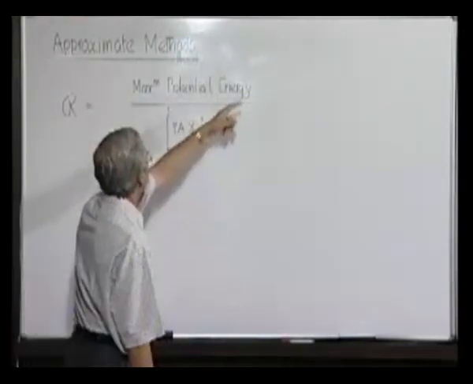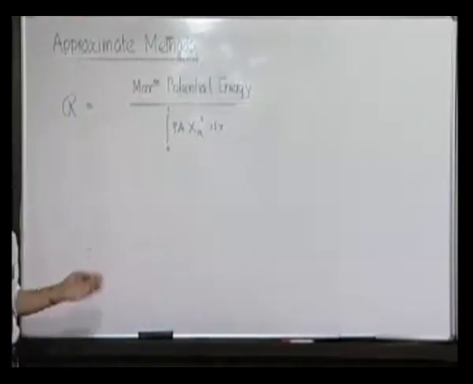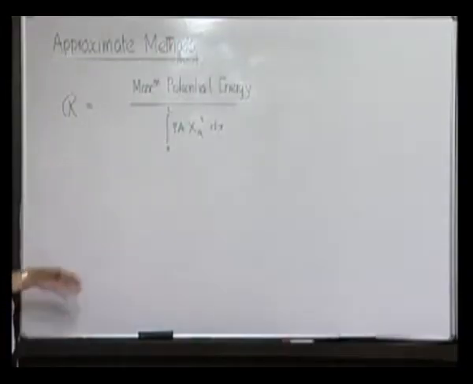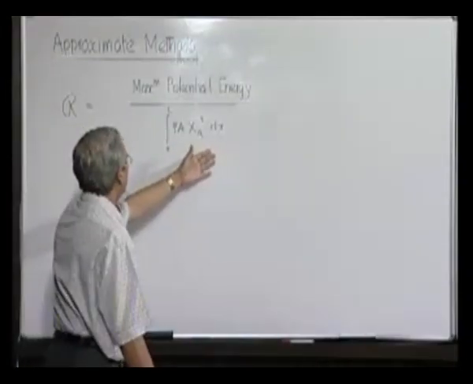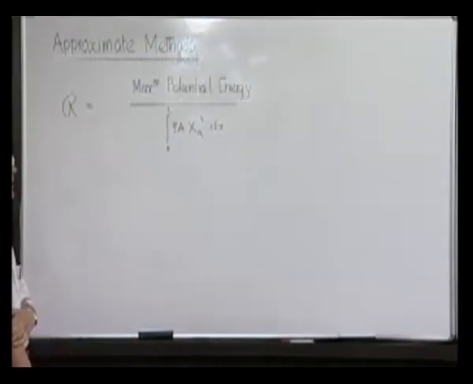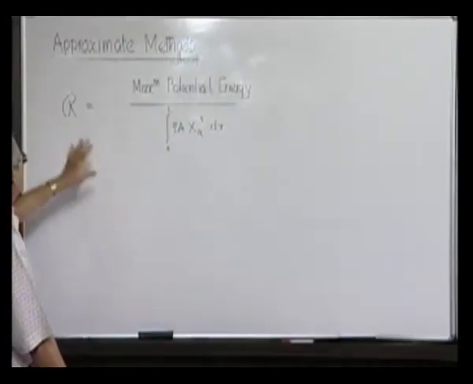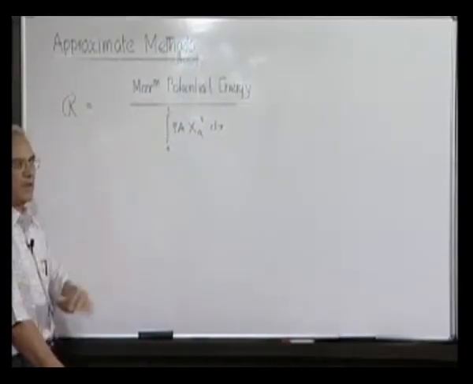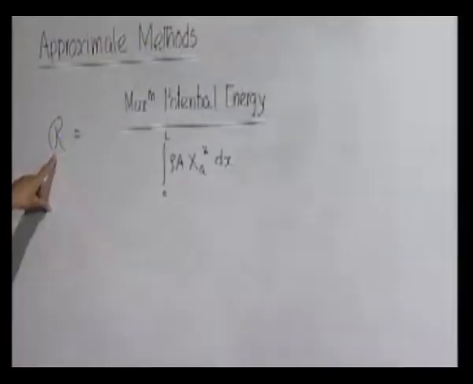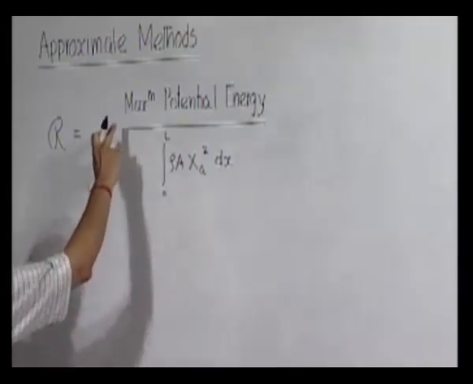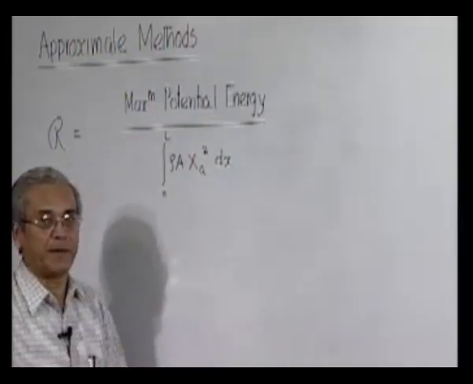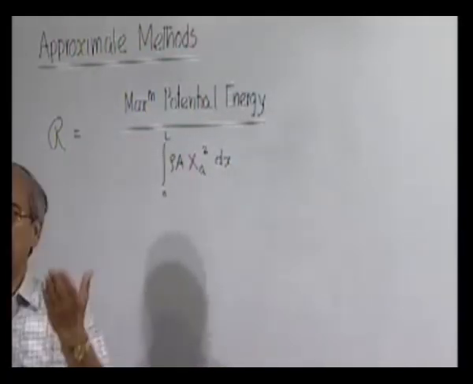So this is the maximum potential energy during normal mode oscillation, and this is the maximum kinetic energy divided by the natural frequency square. So this is the Rayleigh's coefficient, and we treat Rayleigh's coefficient as the natural frequency omega square of that. And the maximum potential energy expression will depend on whether it is a transverse oscillation.